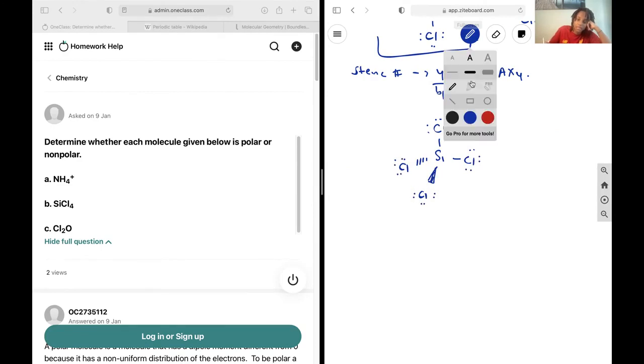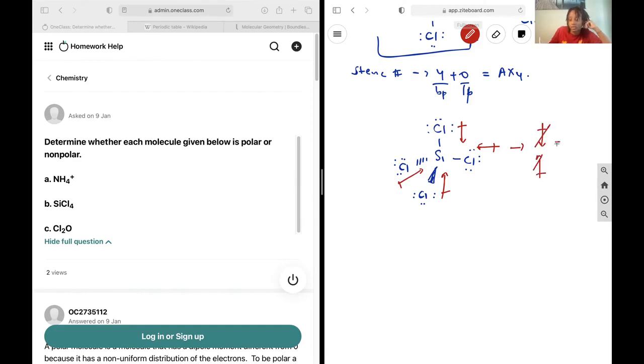Okay, and similar to last time, these dipoles will all be equal and they will cancel out too. And so this will lead to two equal dipoles, but opposite in direction, and these will cancel to yield a net dipole of 0. And so this means that this will be again a non-polar molecule.